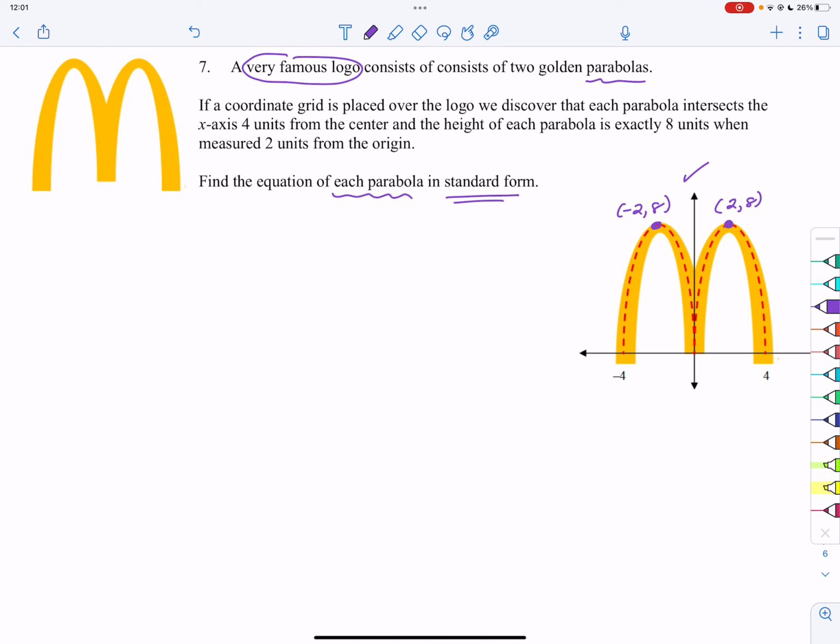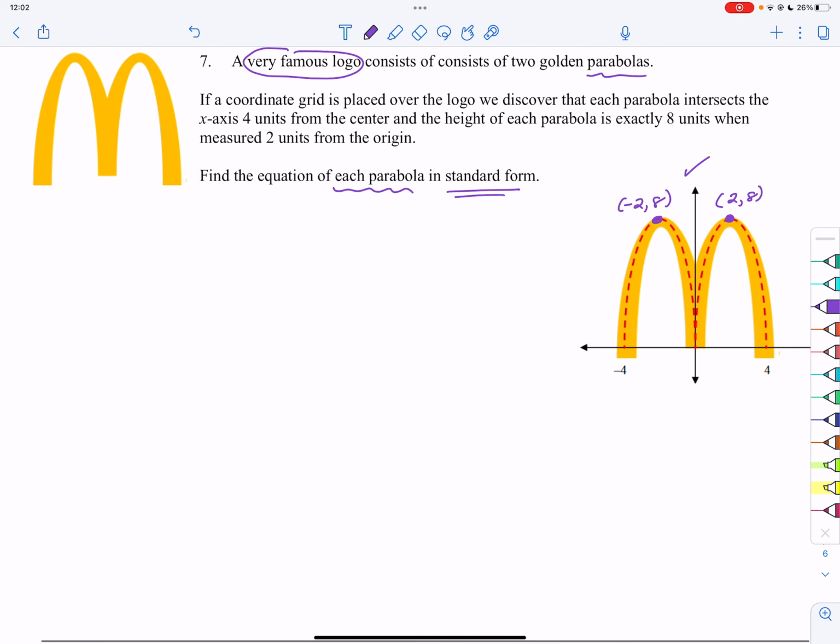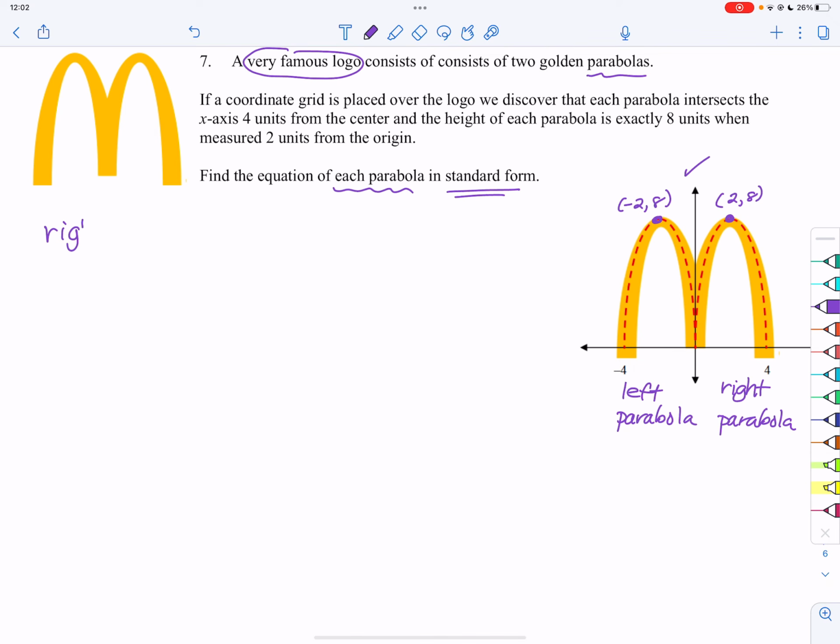The first thing I want you to know is that these are opening down, and let's start with the parabola on the right. The right parabola opens down, so we know that the x is squared.